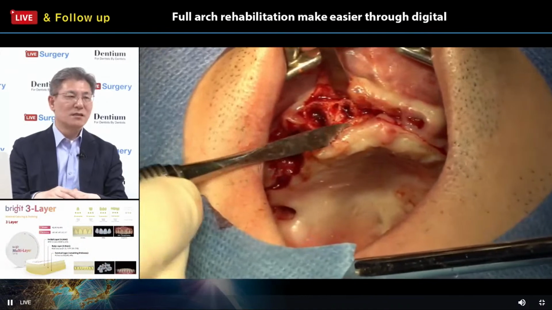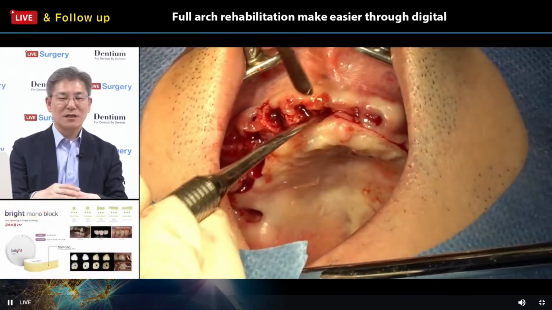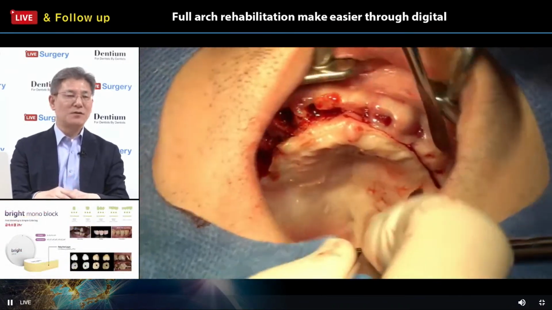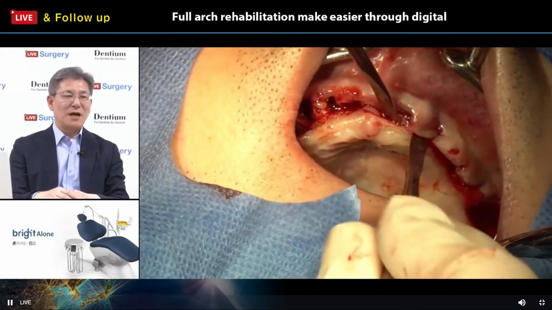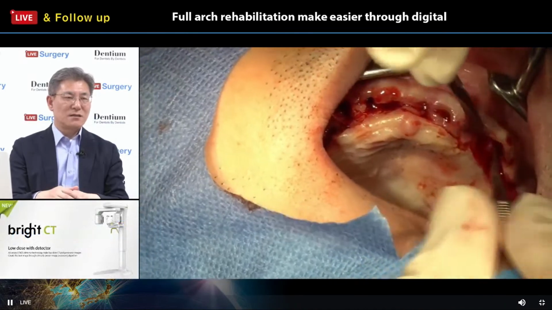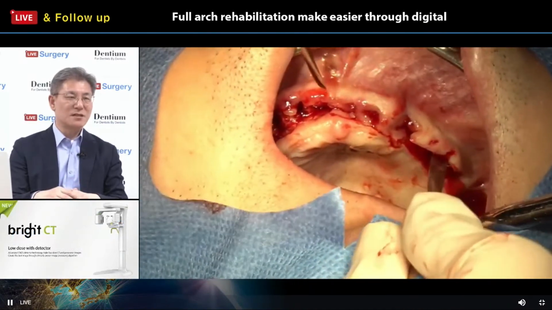However, if you want, you can skip the flap opening. So flapless surgery will be done by the surgeon's preference.